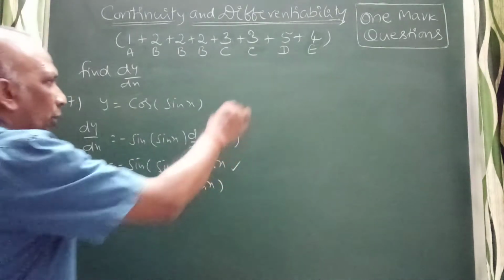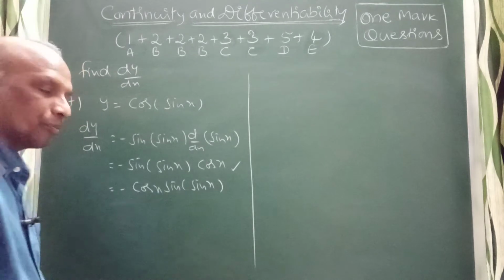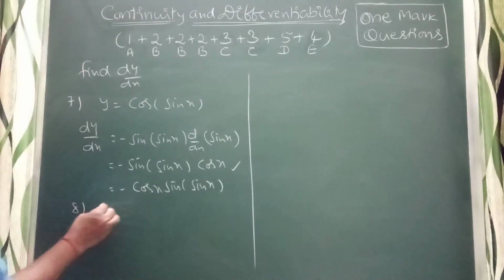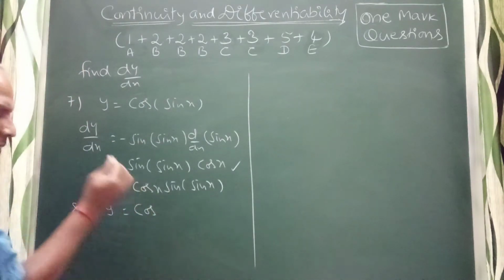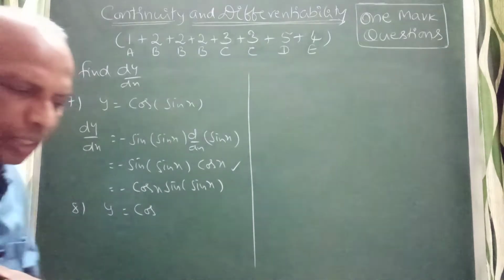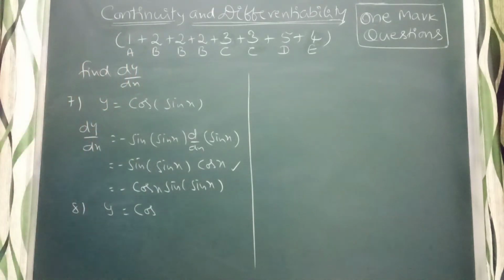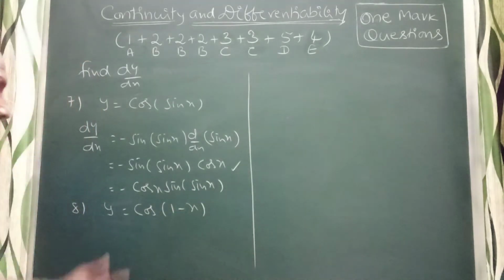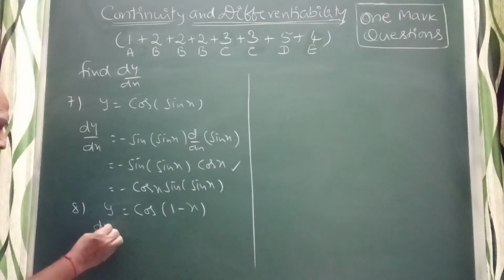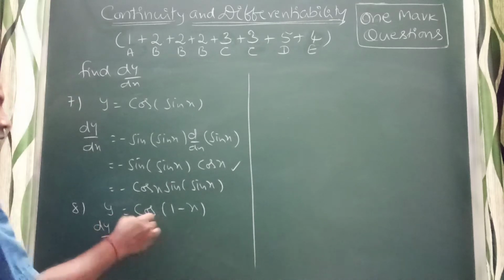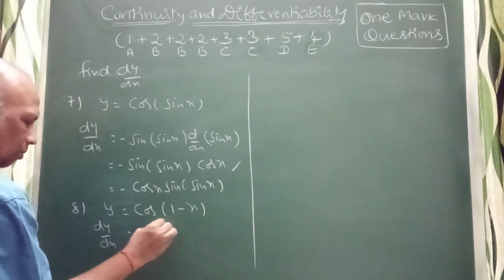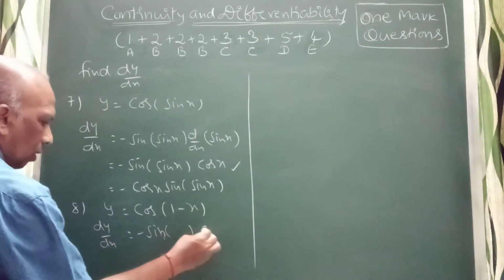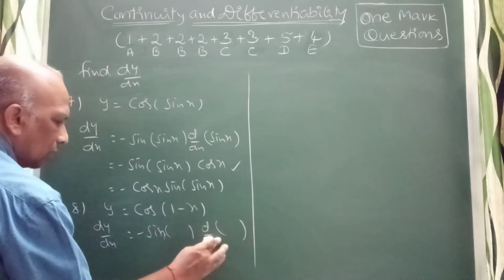Now, think about another one. Suppose the given y is equal to cos of 1 minus x. When they are given like this, again you can think dy by dx: minus sin of something, d by dx of something, right?